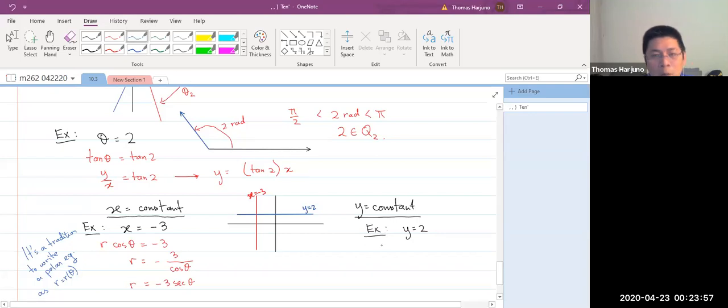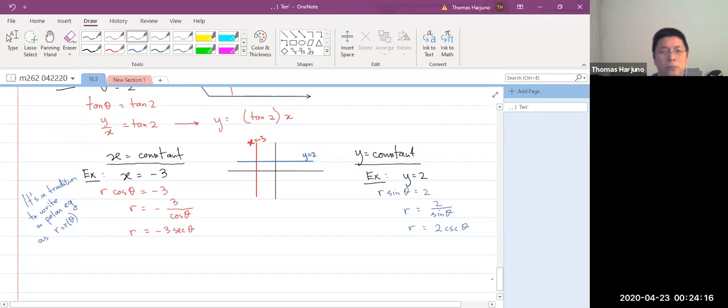Then I replace the y by r sine theta, and then try to solve for r.